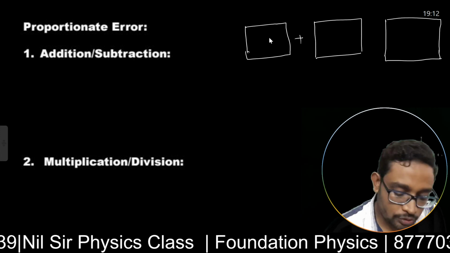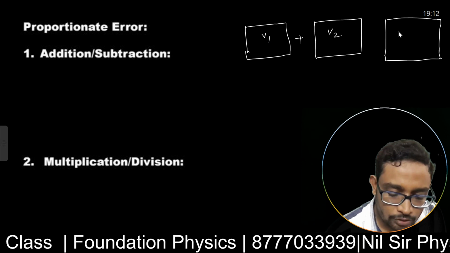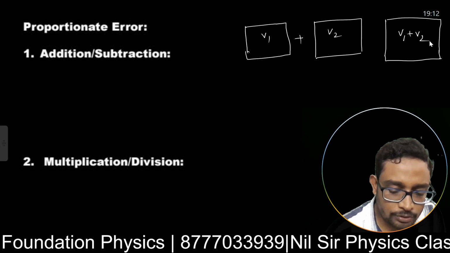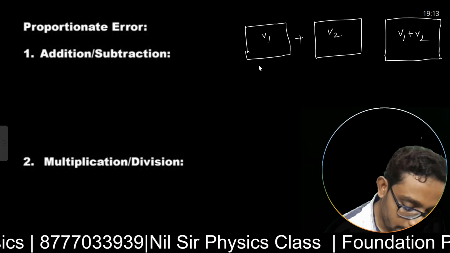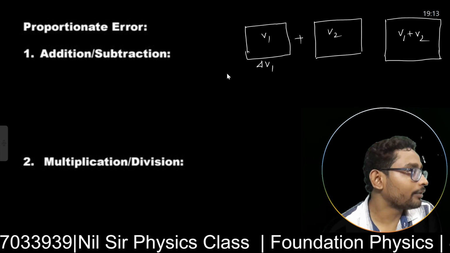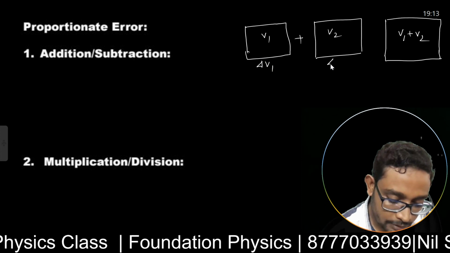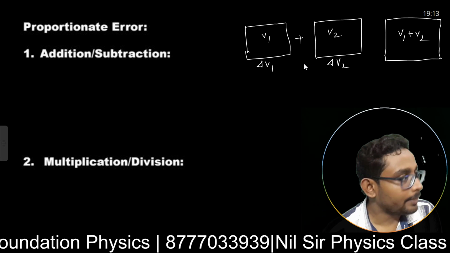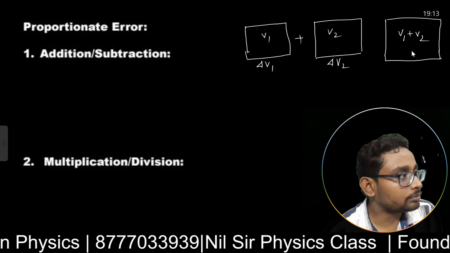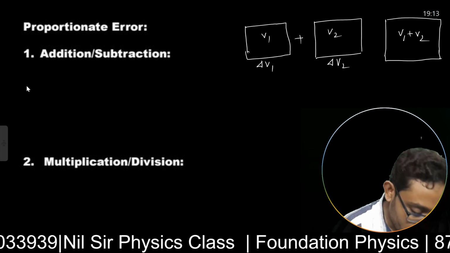So this is V1, this is V2, and you'll have V1 plus V2. In measuring V1 you got an error delta V1, measuring V2 you got some error delta V2. So what will be the error here, what will be the actual value?